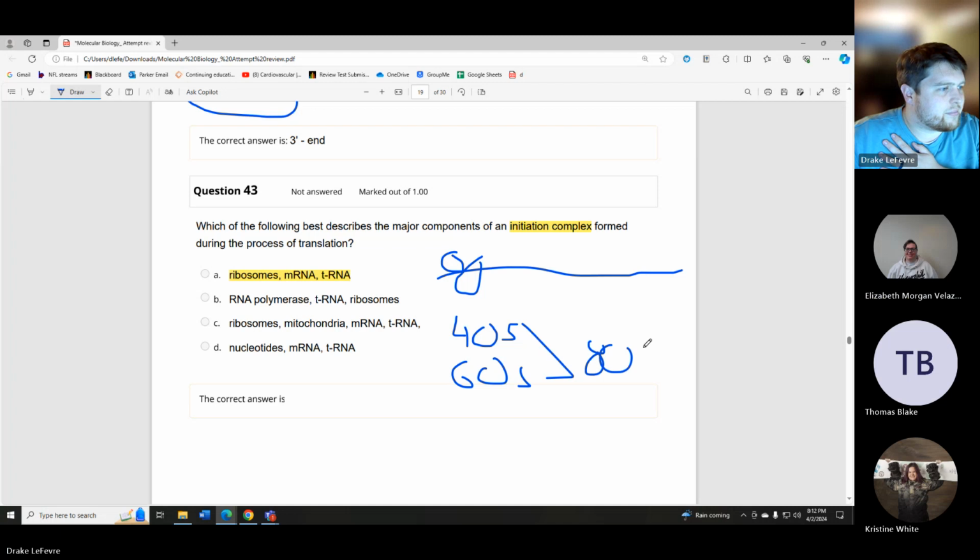Good. So we have our tRNA, we have our ribosomes, and then this is our mRNA. And then our tRNA comes in to here, bringing those amino acids as the mRNA is read, and puts in all of the codons.